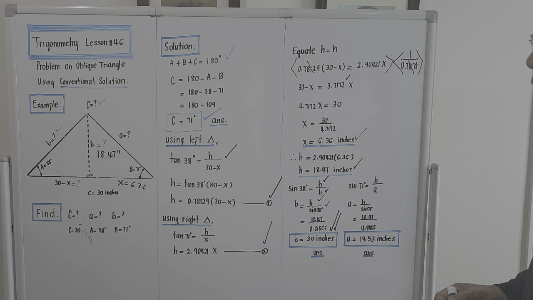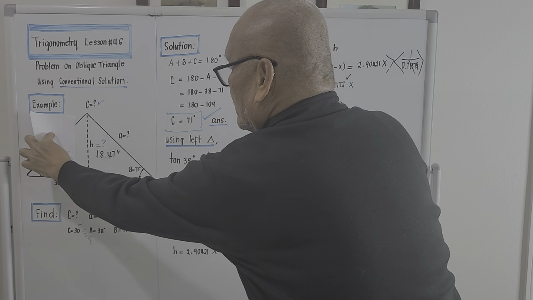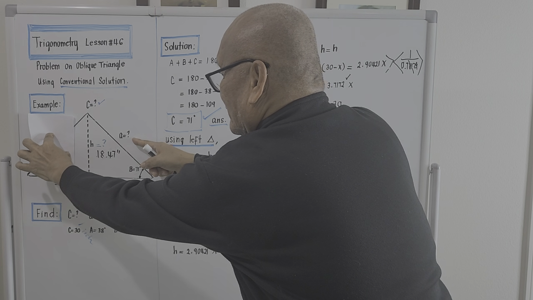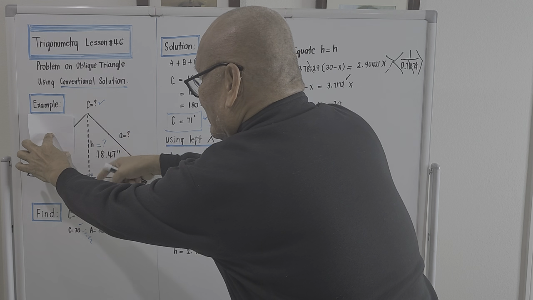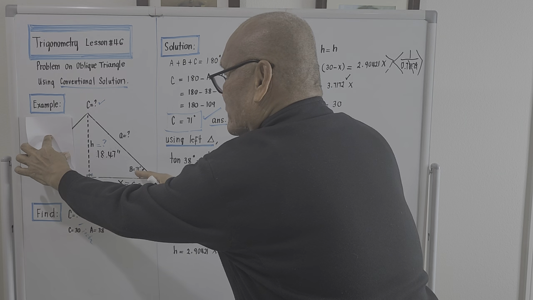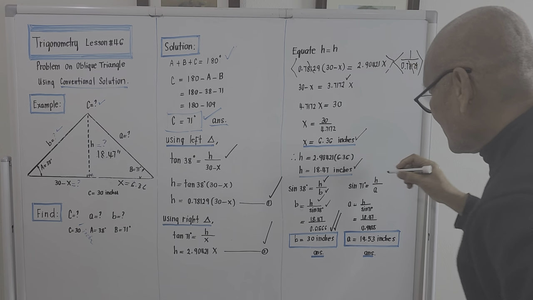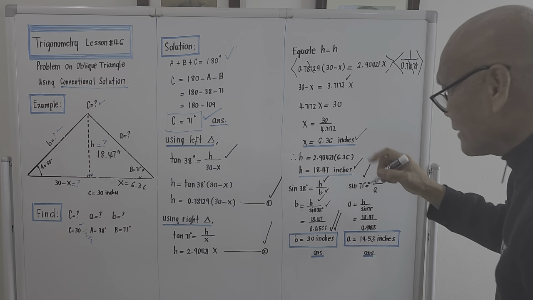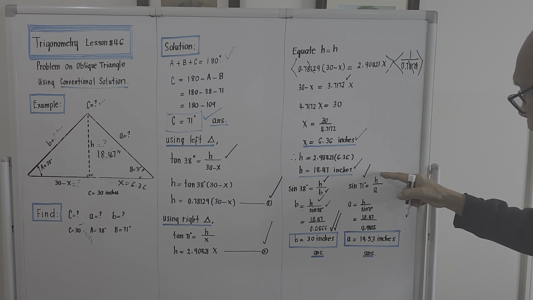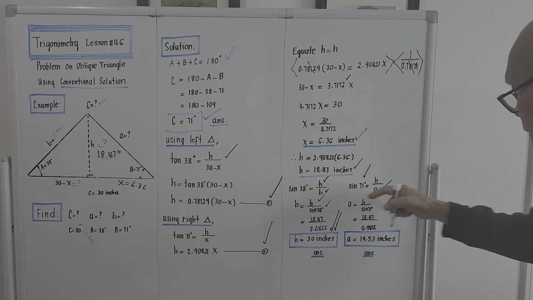And by covering the left right triangle, we will solve for A. Considering this side here and this, it will still be sine. So if we take the sine of 71 degrees, considering the right side right triangle, it will be h over A. And if we compute for A, this will go up, this will go down.